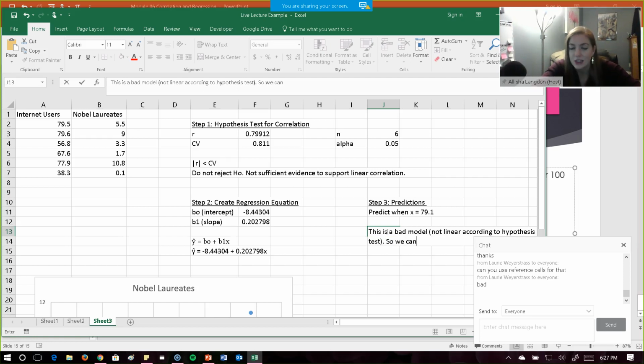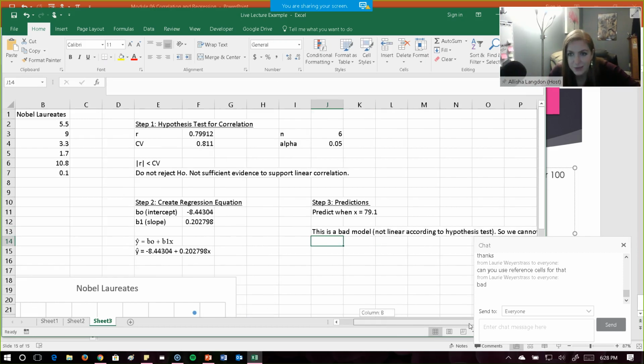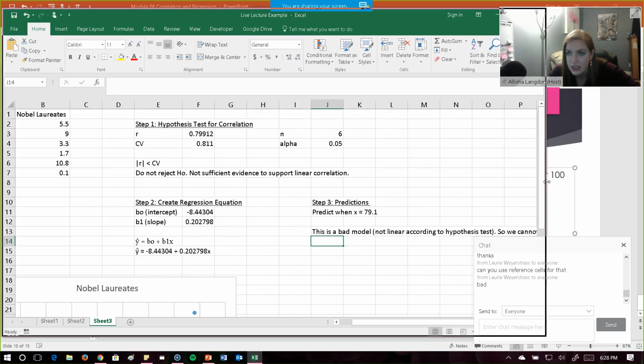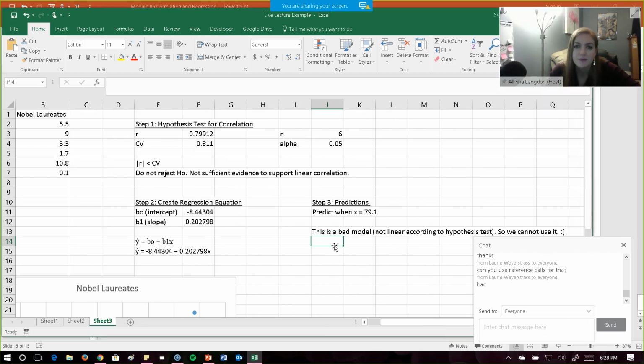So we cannot use it. Sad face. Okay. Let me scroll over so you can actually see what I wrote here. So we cannot use it, sad face.